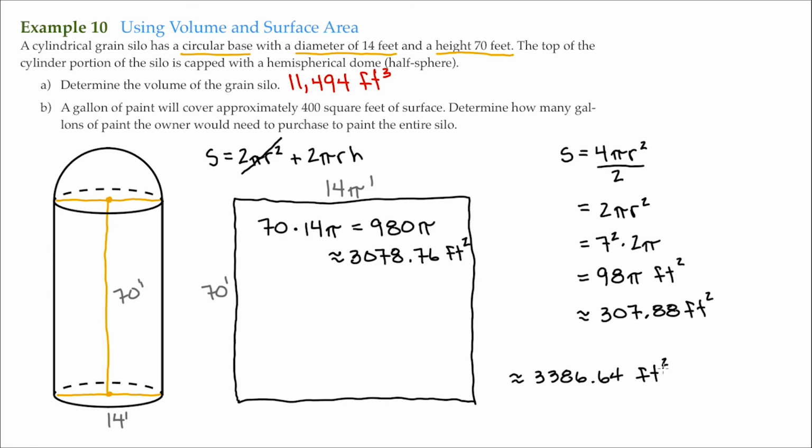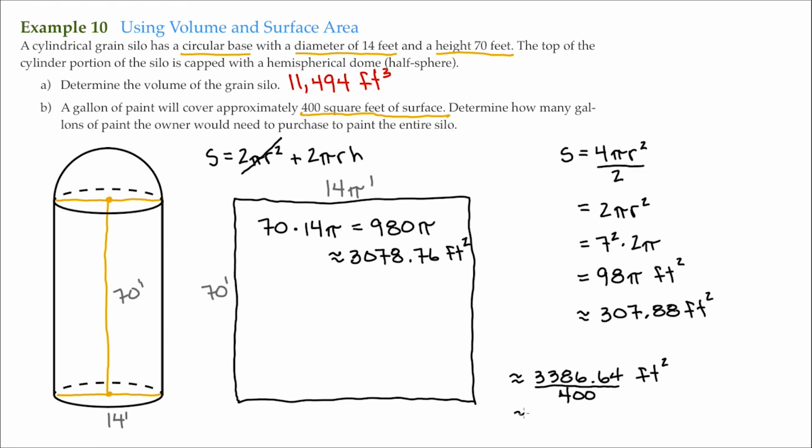But the problem is asking how much paint is going to be needed. So if a gallon of paint covers approximately 400 square feet of surface, all I have to do is divide this by 400.